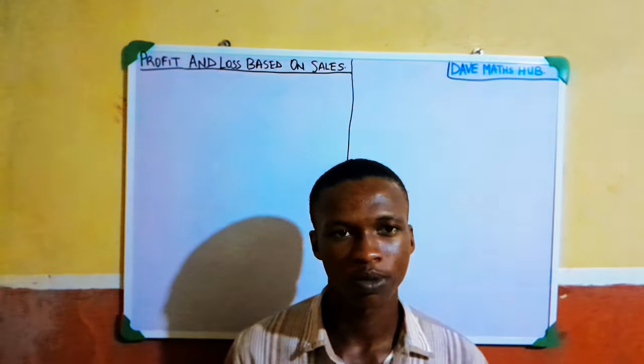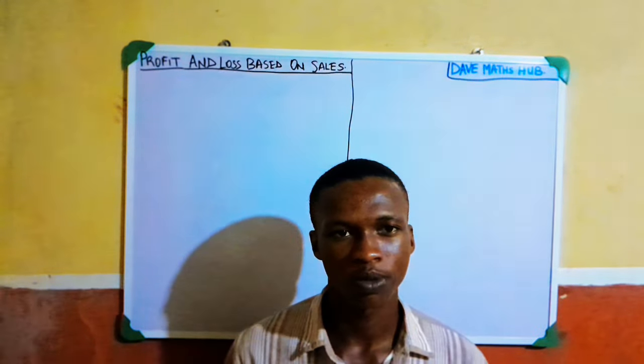And loss percentage is cost price minus selling price over cost price times 100 over 1. Now, we can do this in two ways, either calculating with each price, that is as per one, or calculating as a group by multiplying with whatever was sold. So now let's calculate as per basket.